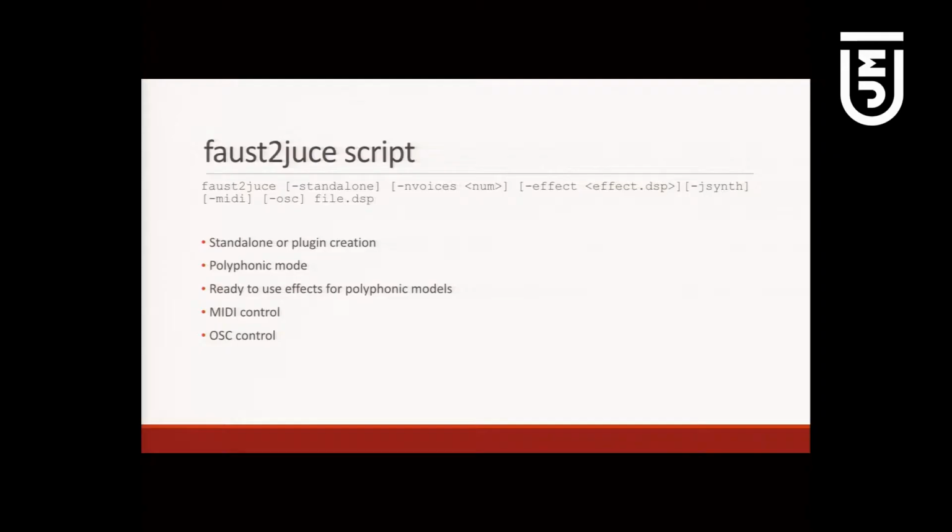For now, it's handling the plugin and standalone creation. We can do both. We can override the polyphonic mode that can be declared in metadata if we have declared metadata, but we can do a polyphonic mode whenever we want. We can add effects, which are already in the Faust logics. And if you want to use MIDI or OSC, we have options for it.